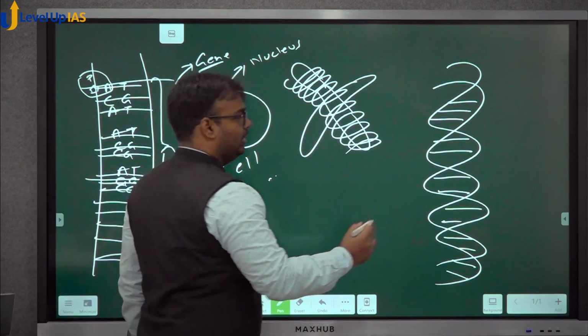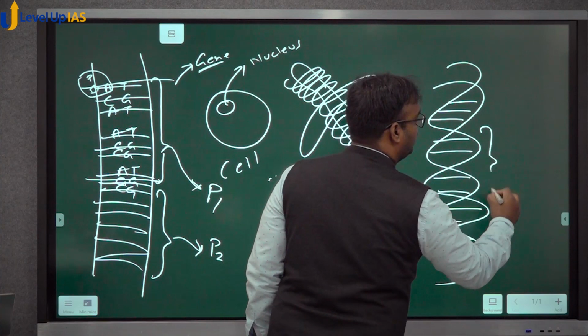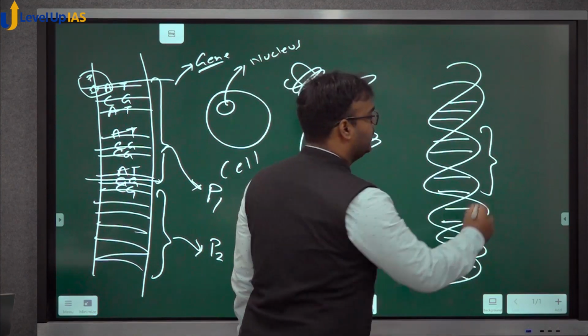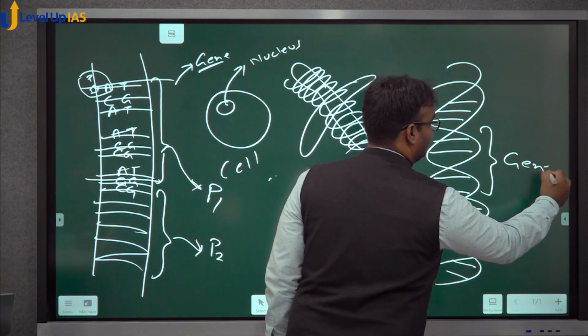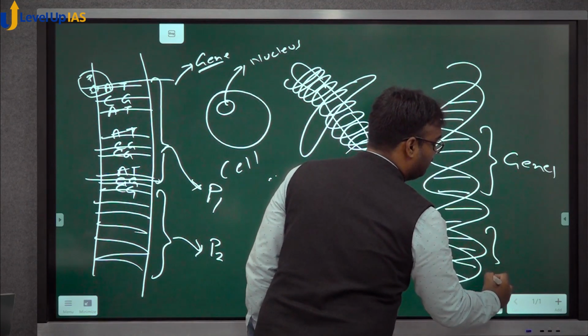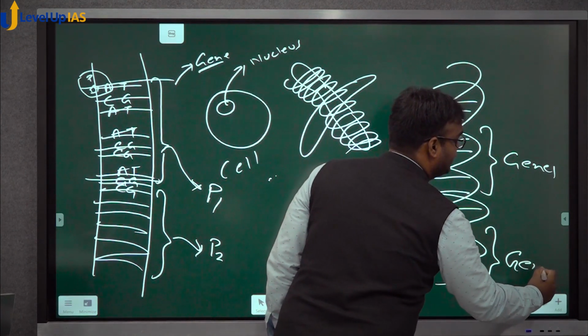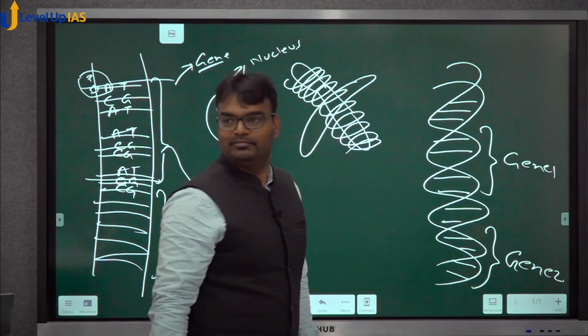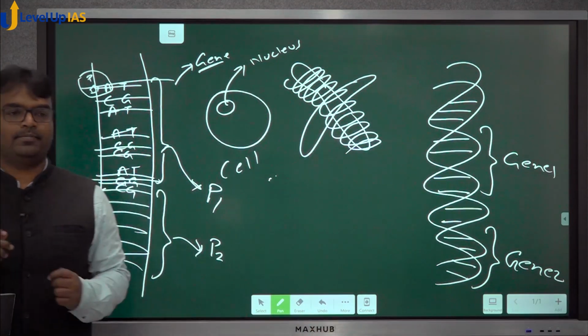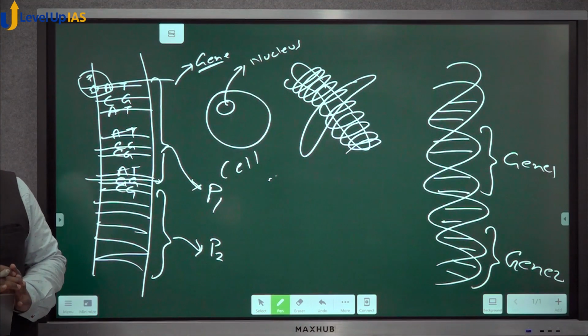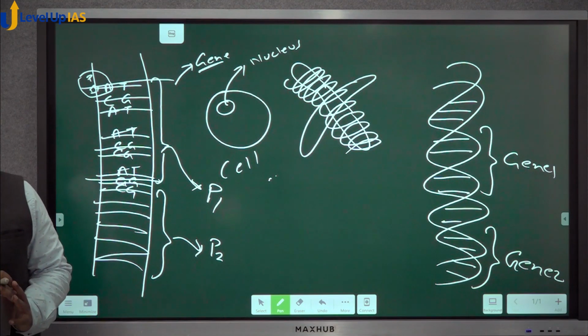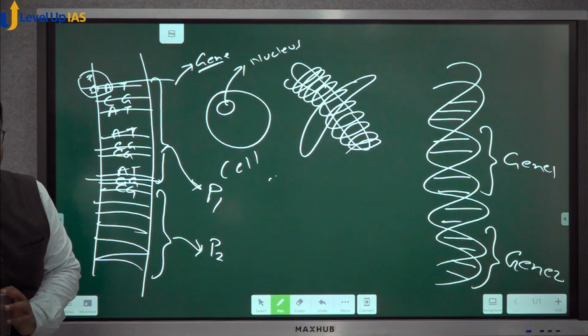Let's say this is the part which is storing information related to one protein. This is one gene. This is the part which is storing information related to another protein. This is gene 2. And so on. So gene is the fundamental unit of heredity.